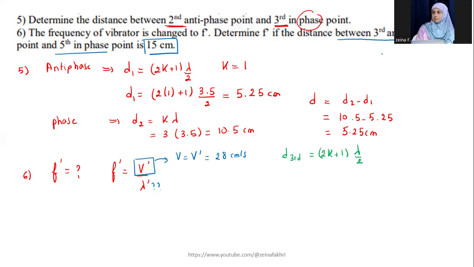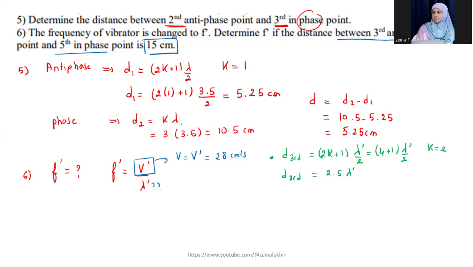And since I'm saying third, this means that k is equal to 2. So I'll get (4 plus 1) multiplied by lambda over 2, and this here in this case will be lambda prime, the new wavelength. So we can continue, which is equal to 5 over 2, so it's 2.5 lambda prime. And this is the distance of the third point in antiphase. So this is point 1.